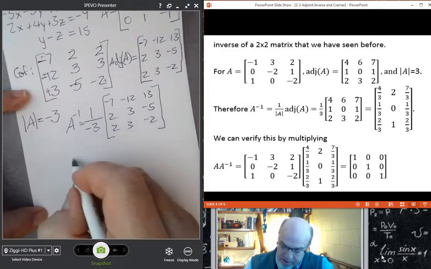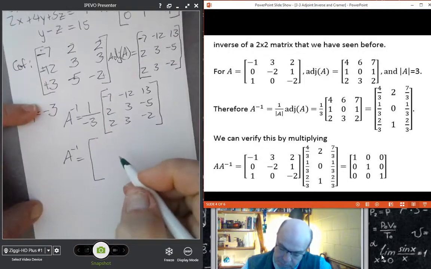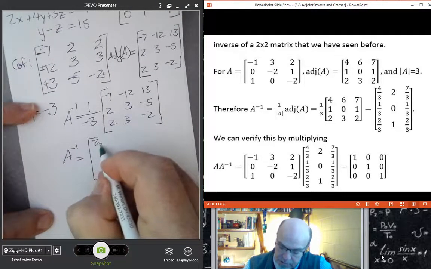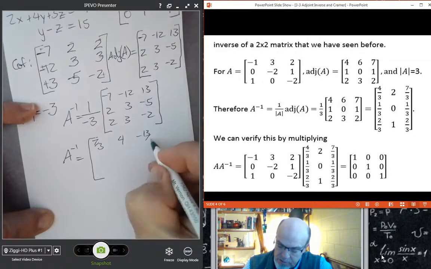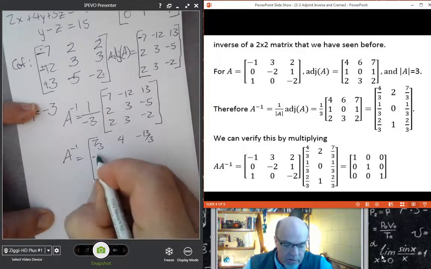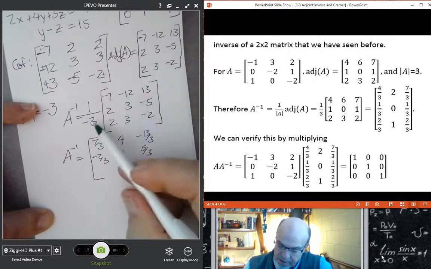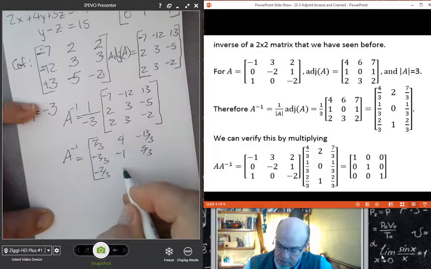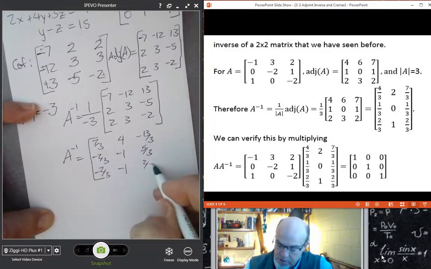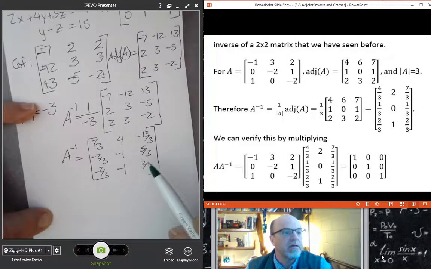So the inverse is equal to 7/3 dividing by -3, 4, -13/3, -2/3, -1, 5/3. Taking each one of these and dividing by -3, and you get again -2/3, -1, and 2/3. And that is the inverse of matrix A.